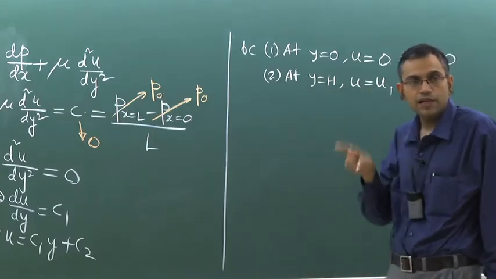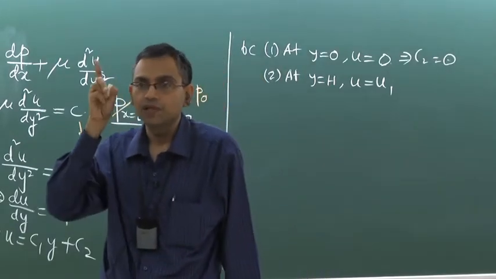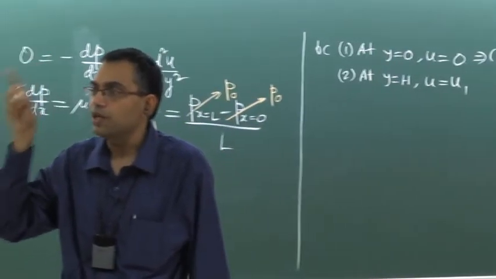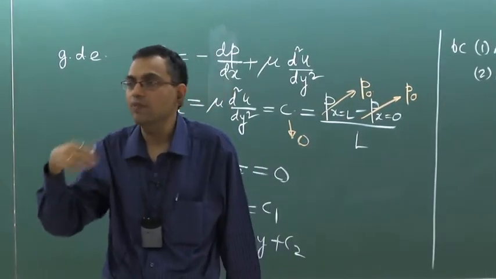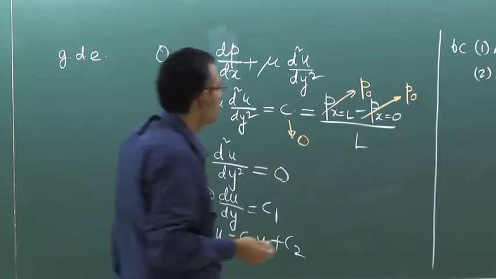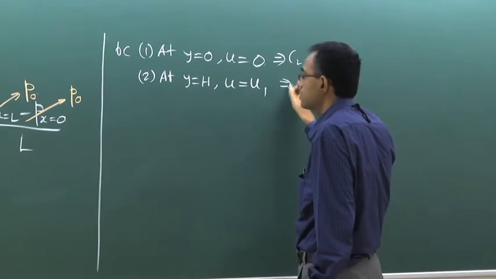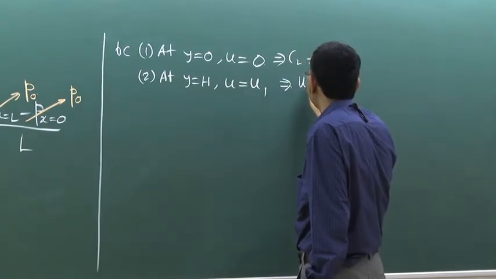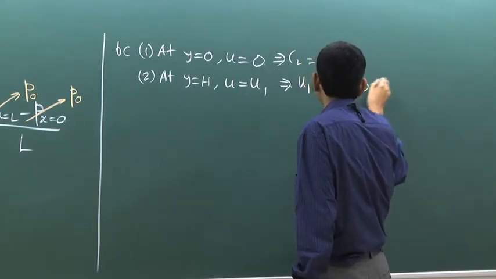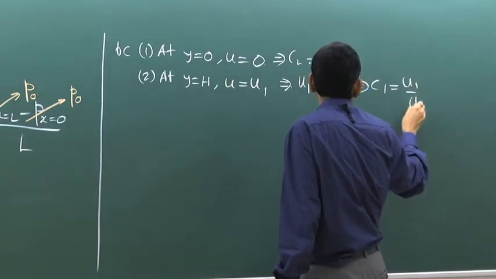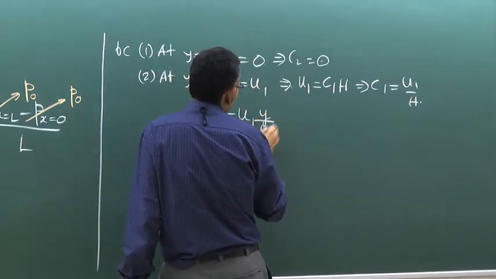So, no slip does not mean 0 velocity of the fluid, no slip means 0 relative tangential component of velocity between the fluid and the solid boundary, okay, and that originates from viscous effects. So, at y equal to h, u equal to u1, that means u1 is equal to C1h, that means C1 is equal to u1 by h. So the velocity profile is u equal to u1y by h.